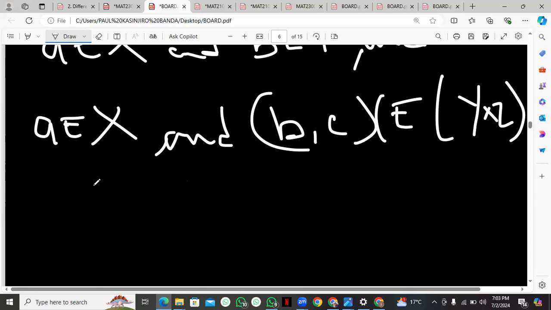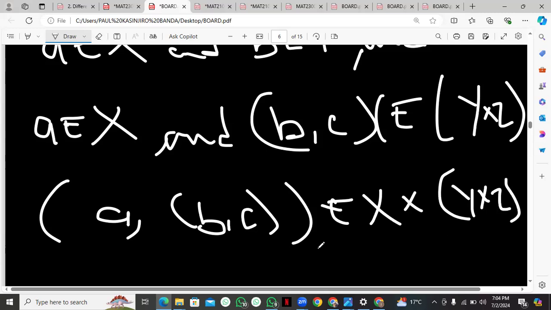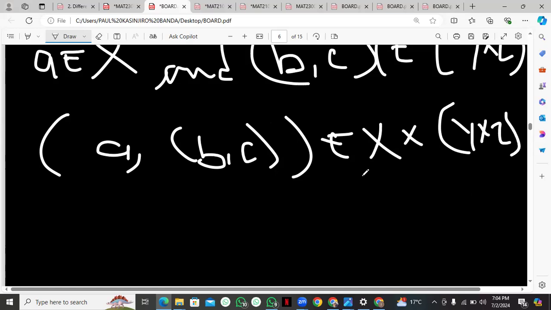So if I combine all this, I get A as my first coordinate, then my second coordinate will be (B, C), and then all of this will just be a member of what? I start with my X where the A is, and then cross, and then where the B and C are, which is Y cross Z. So we see that this is actually what we have on the left-hand side.